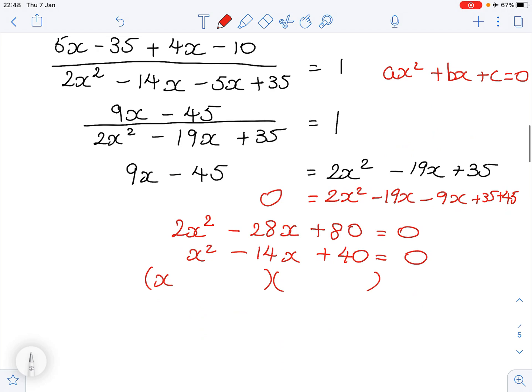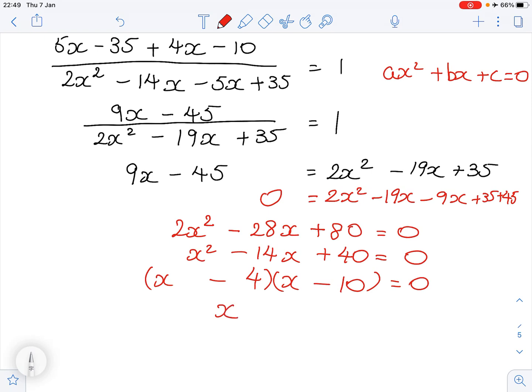We have x and x in both brackets, and remember, we need two numbers multiplied to give you plus 40 and add to give you minus 14, which is going to be minus 4 and minus 10.